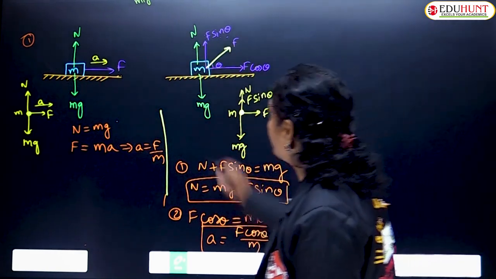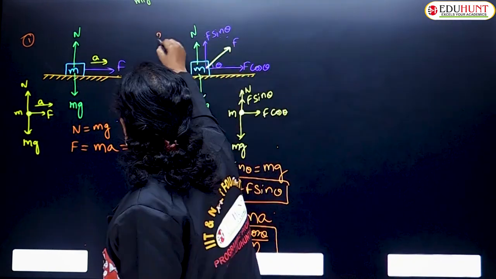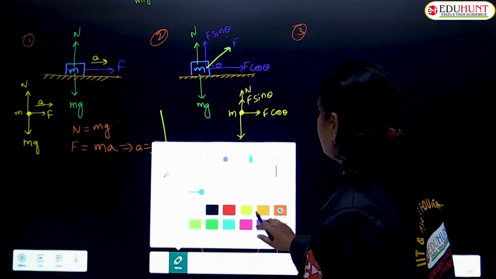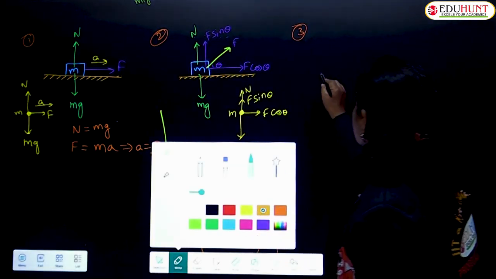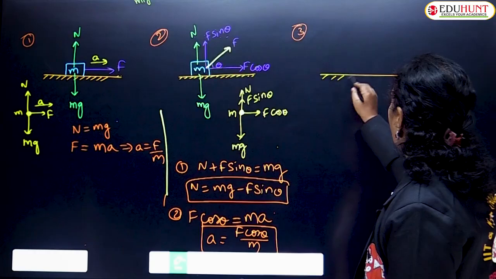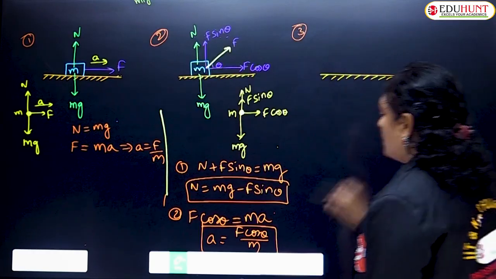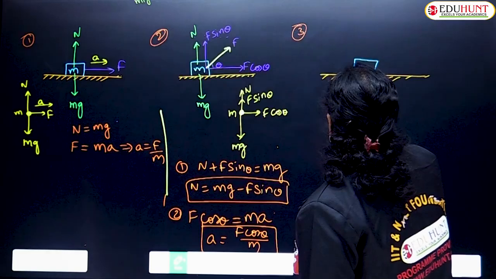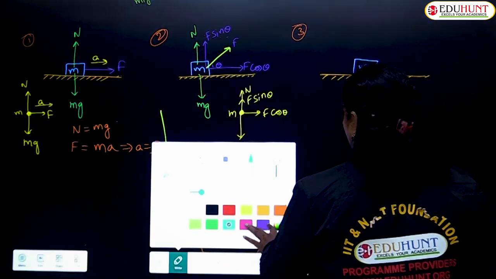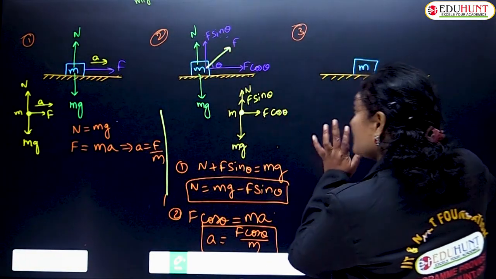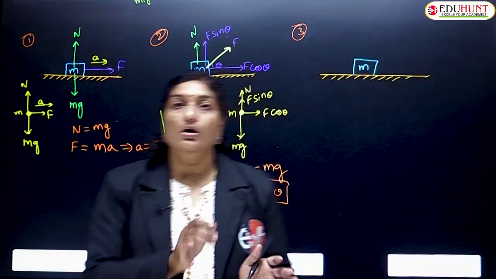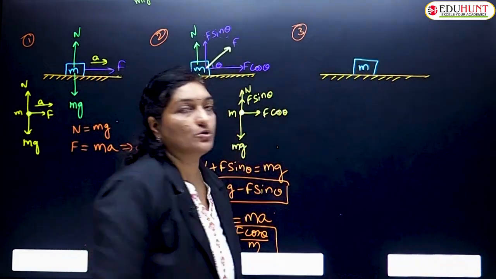I would like to go with the third example, similar to the second one. Let us consider a smooth horizontal surface. On this smooth horizontal surface, let us consider a block of mass M. Earlier it was pulled, now the block of mass M is pushed to the right side.